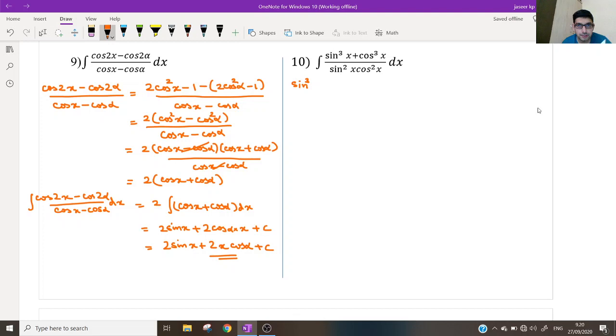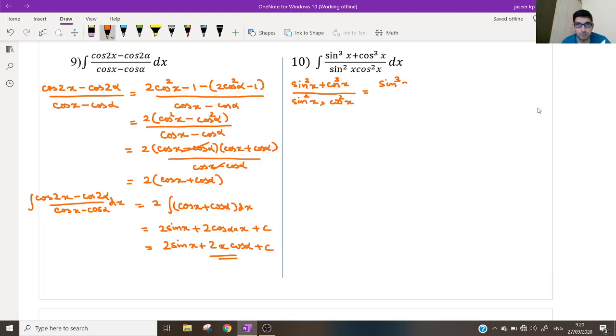You just have to separate the two terms.